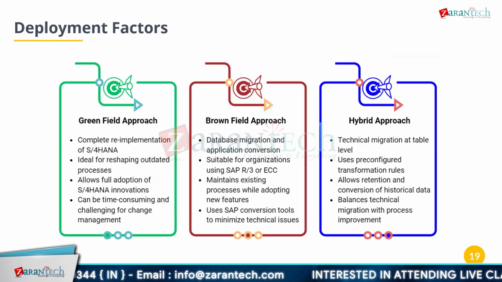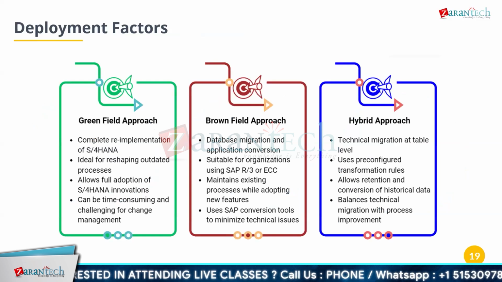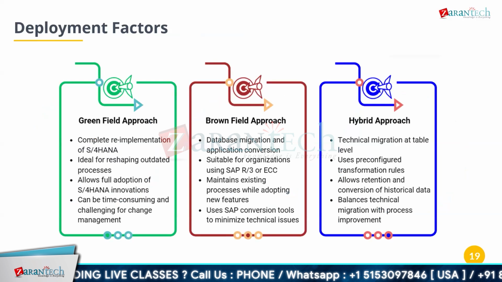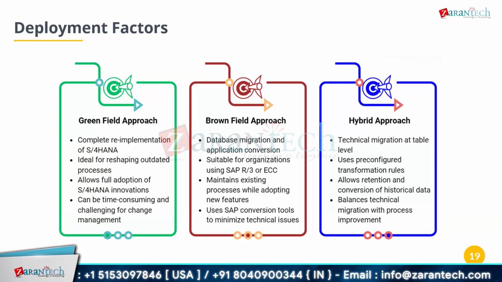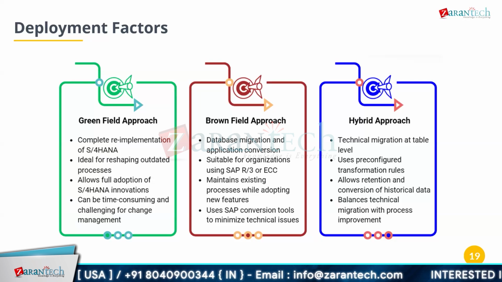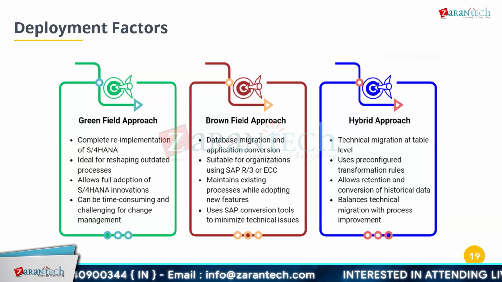So there are three deployment approaches: greenfield, brownfield, and hybrid, which I was telling you from the start. Greenfield is a complete re-implementation from ground zero. You will be having clean code, and you will have full options to reshape your business processes.